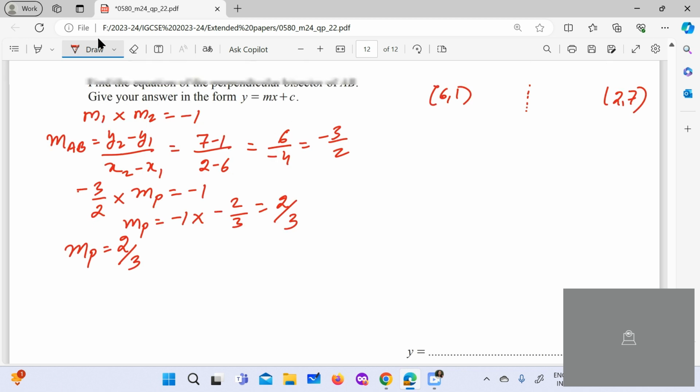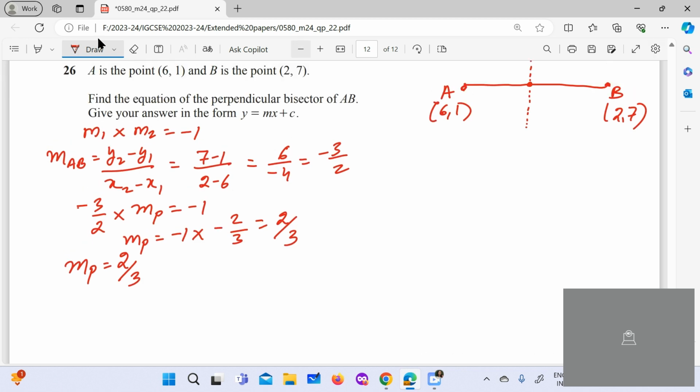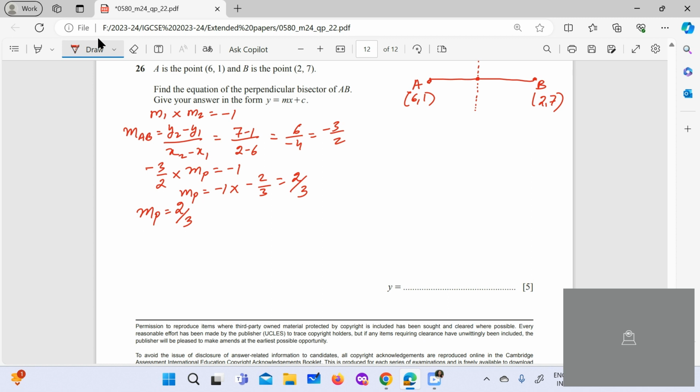Now our question says that the line passes through the midpoint, because this is a perpendicular bisector, so we need to calculate the midpoint of AB.